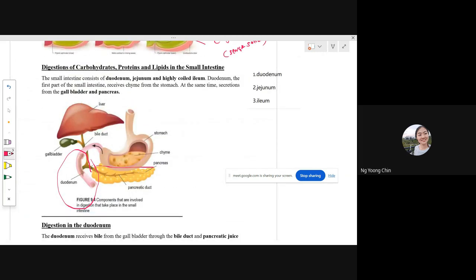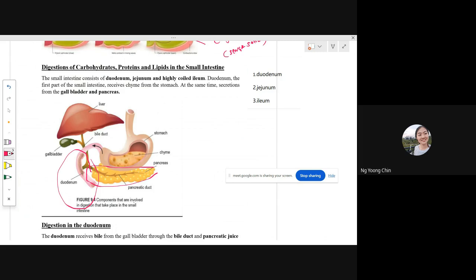The pancreas secretes the enzymes, but the digestion process does not happen in the pancreas because it only releases the enzymes through the pancreatic duct. So the enzymes go from the pancreas through the pancreatic duct until they reach the duodenum.